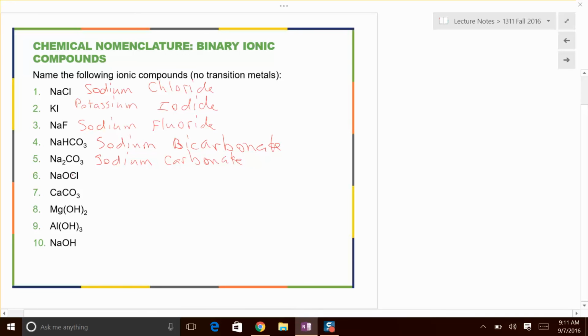I think that got written incorrectly. ClO. Okay? Sodium, what is the polyatomic ion ClO? Do you remember what chlorate is? Okay, this is hypochlorite.